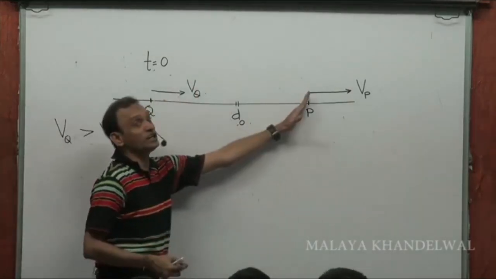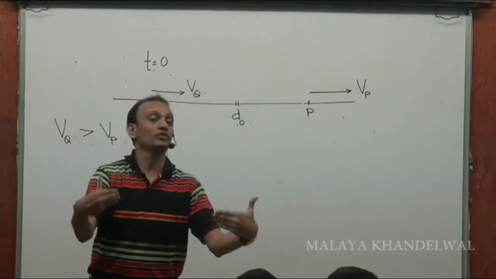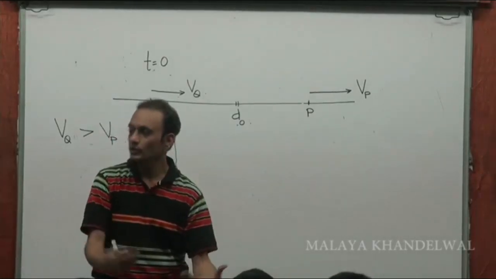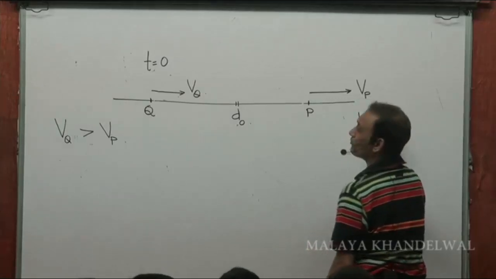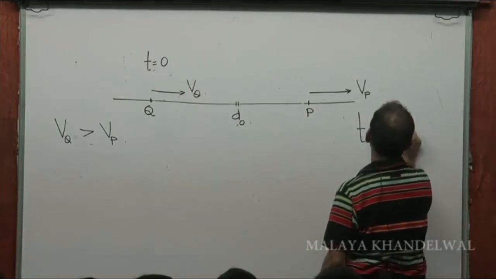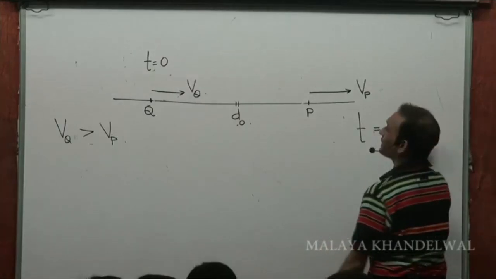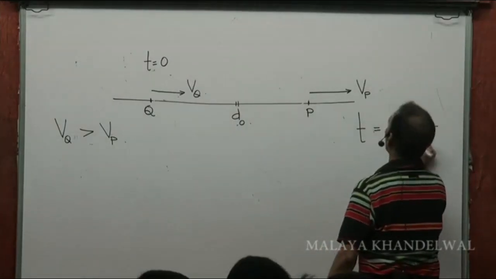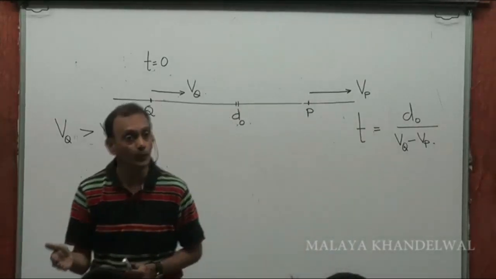The relative separation divided by relative velocity will give you the time. What would be the time? Relative separation D naught divided by relative velocity, which is Vq minus Vp. That's going to be the time it takes for Q to bump into P.